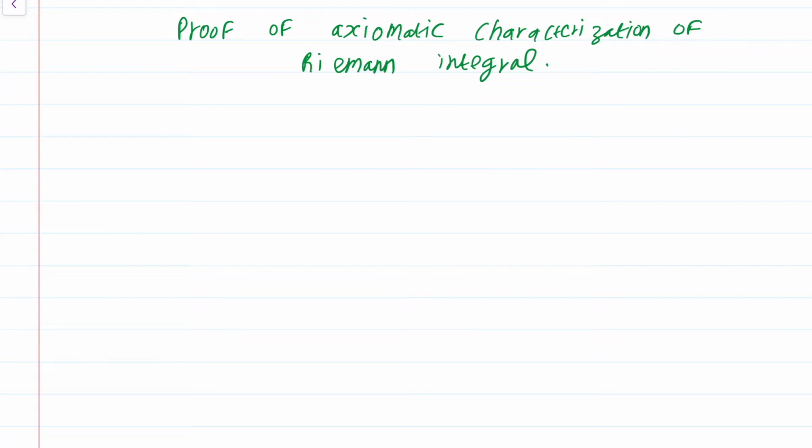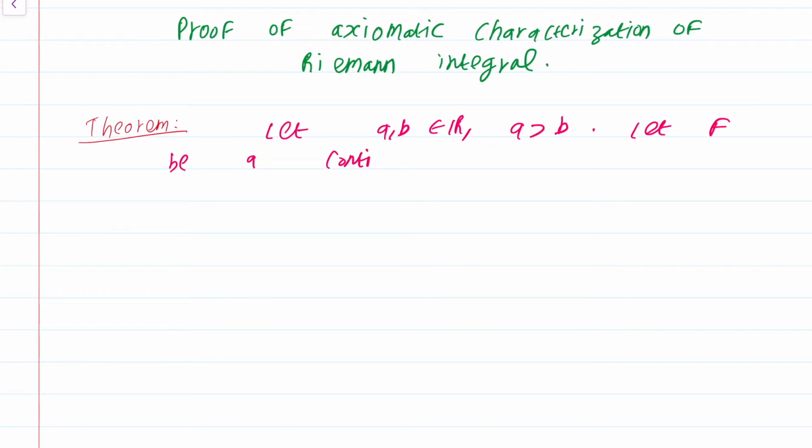Let me begin by stating the axiomatic characterization of the Riemann integral again before we go to the proof. Theorem: let a, b in R, a less than b. Let f be a continuous function on the closed interval [a,b].